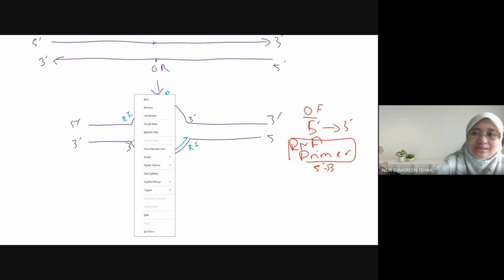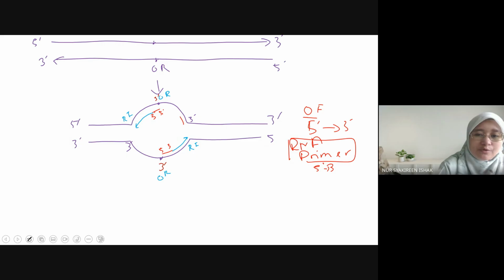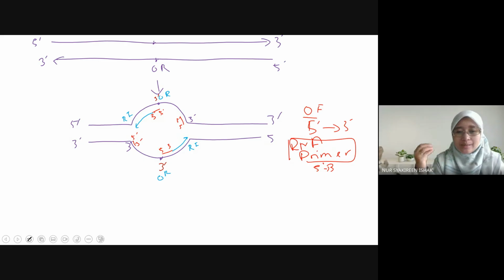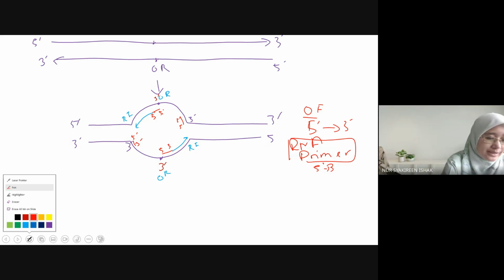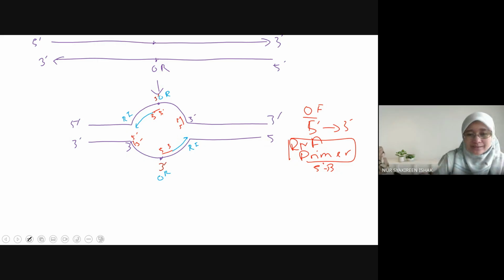So this is the synthesis of the primer for the first Okazaki fragment. Atas ni 5, hujung ni 3. Sini 3 pair dengan 5, 5 hujung sini ada 3. So you have produced a 3' end on the RNA primer, then only the next enzyme can come, which is DNA polymerase 3, and add DNA nucleotide at the 3' end of the primer.